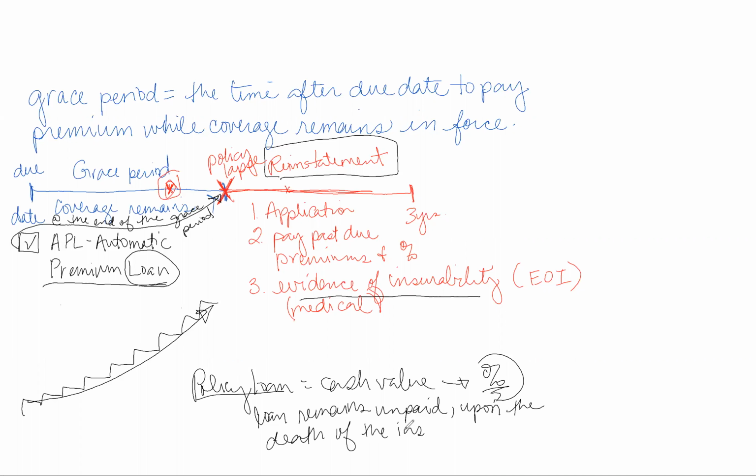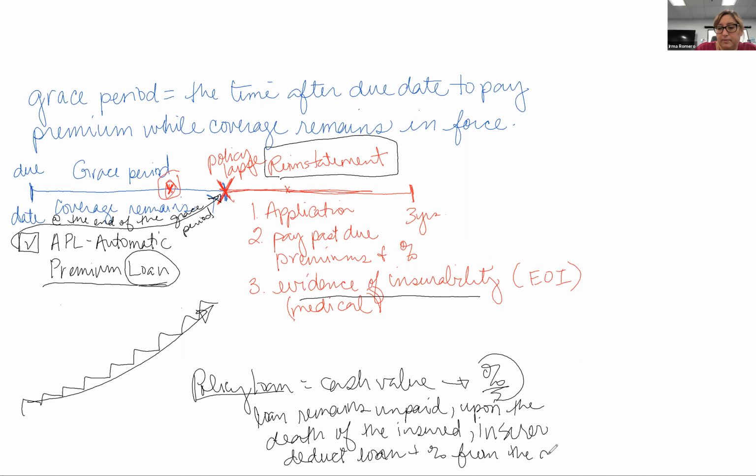The insurer will deduct the loan amount plus interest from the death benefit.